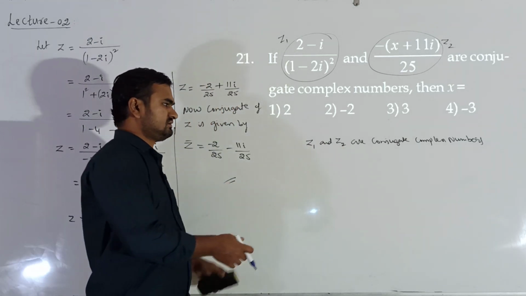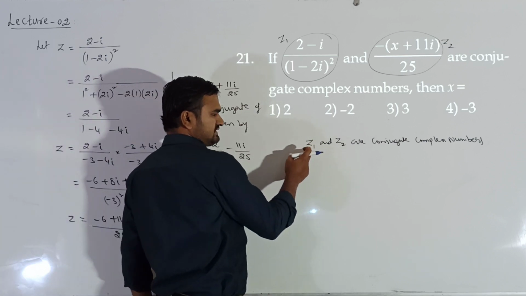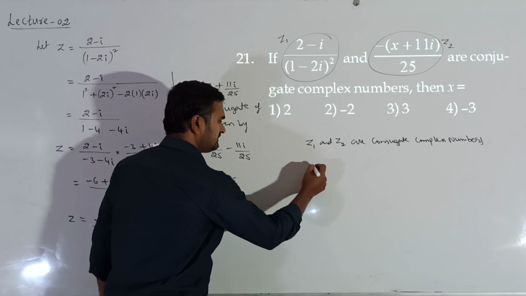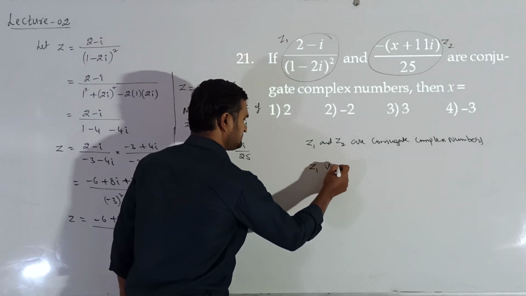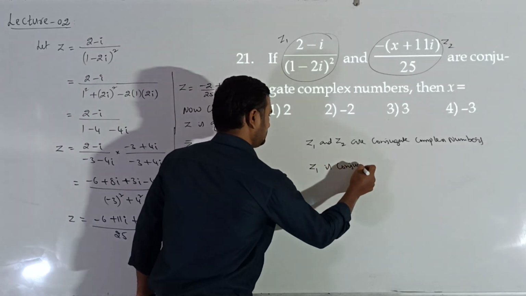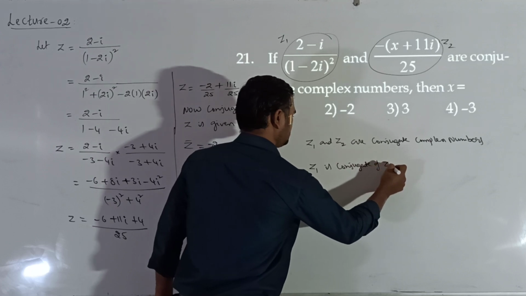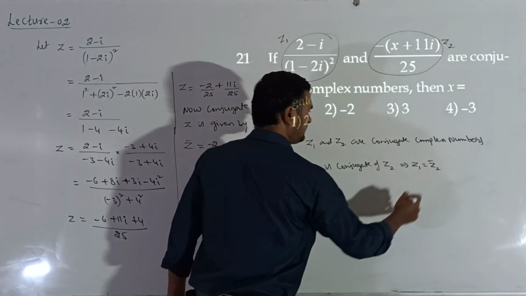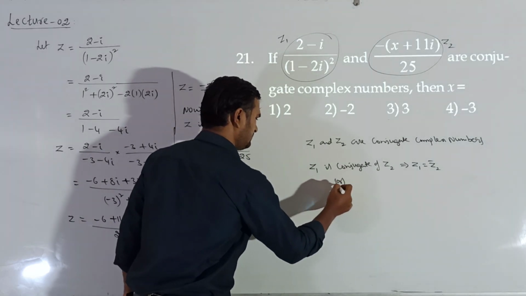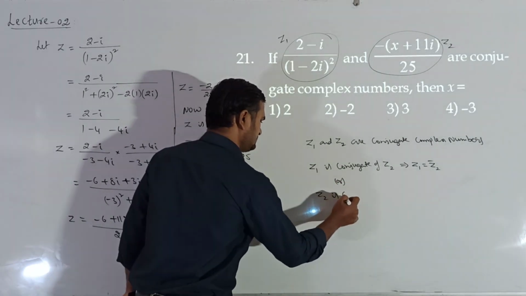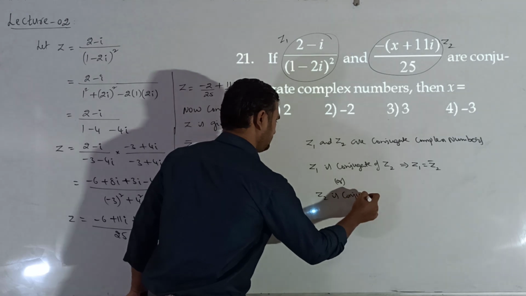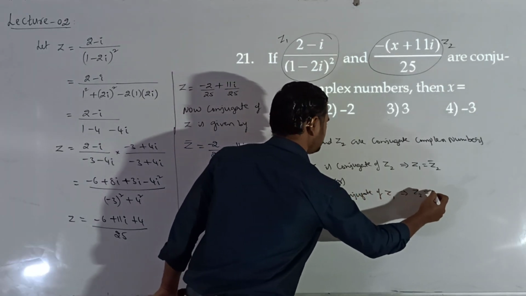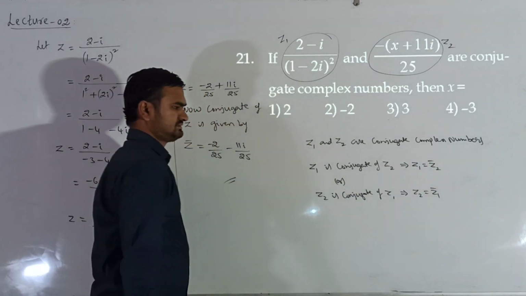So if I say z1 is the conjugate of z2, I can write z1 as z2 bar, or z2 is the conjugate of z1, means I can write z2 as z1 bar.